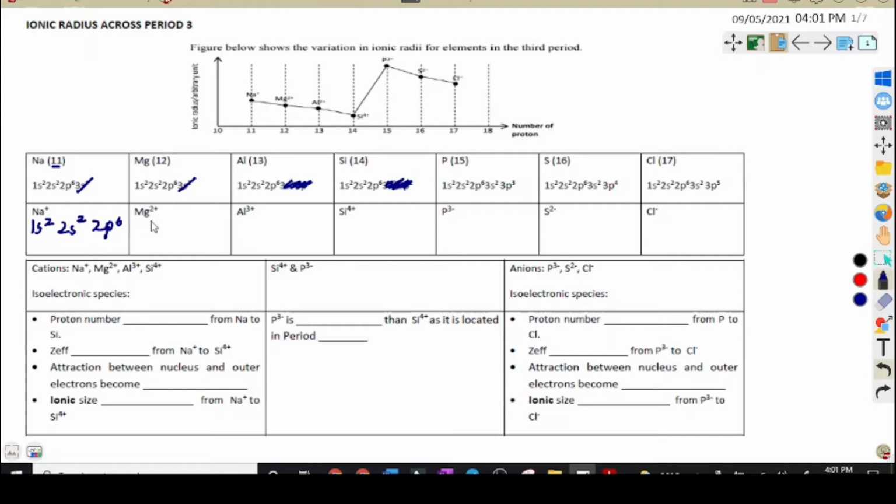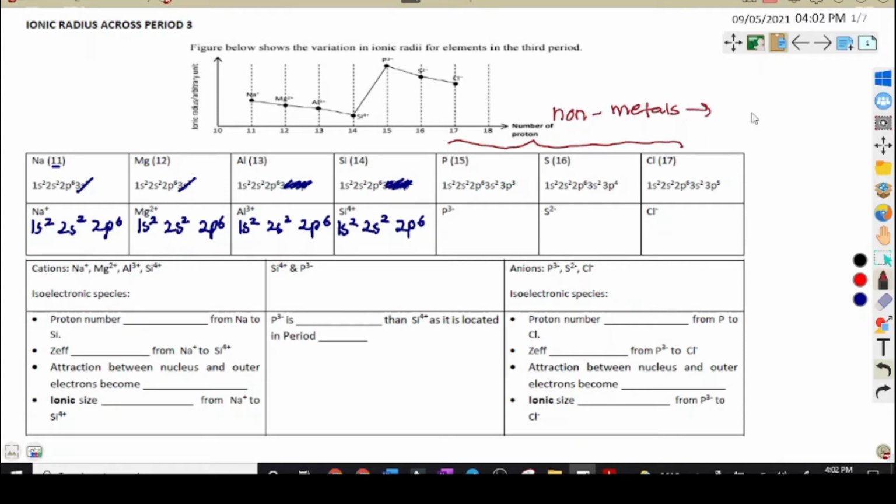So from sodium to silicon 4+, they are all going to have the same electron configuration, which is 1s2, 2s2, and 2p6. But for phosphorus to chlorine, remember that they are non-metals, right?